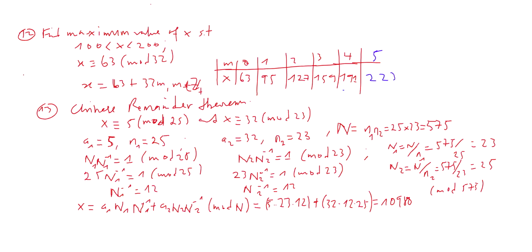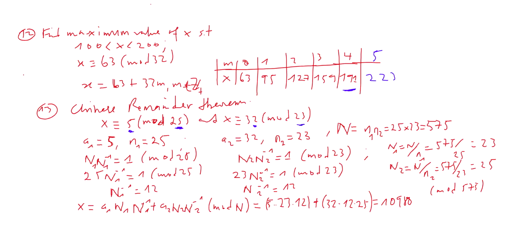Then the next one was the Chinese remainder theorem application. Here, we are given that x is equal to 5 modulo 25 and x is equal to 32 modulo 23. So here we know A1 is 5 and A2 is 32, and N1 is 25 and N2 is 23.